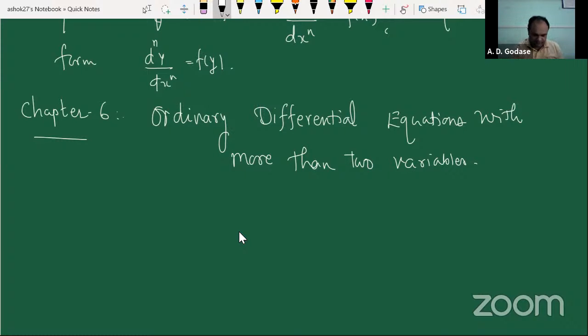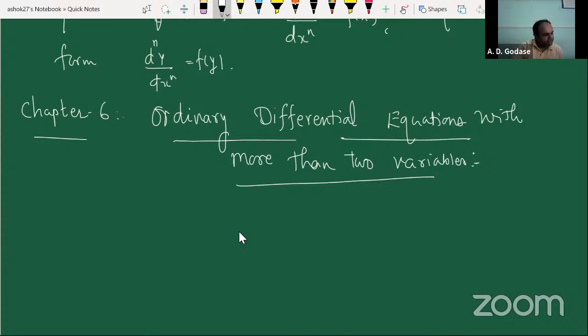So in chapter number 6, we will see ordinary differential equations with more than two variables.